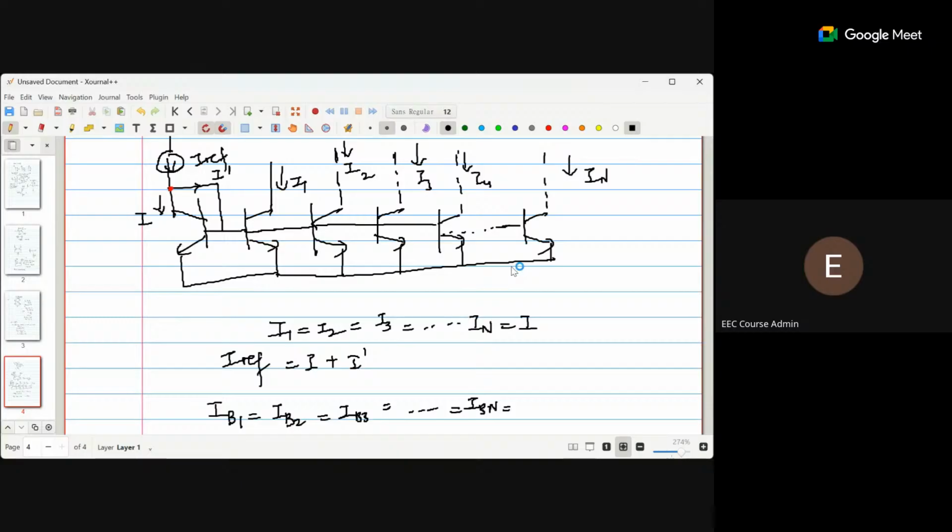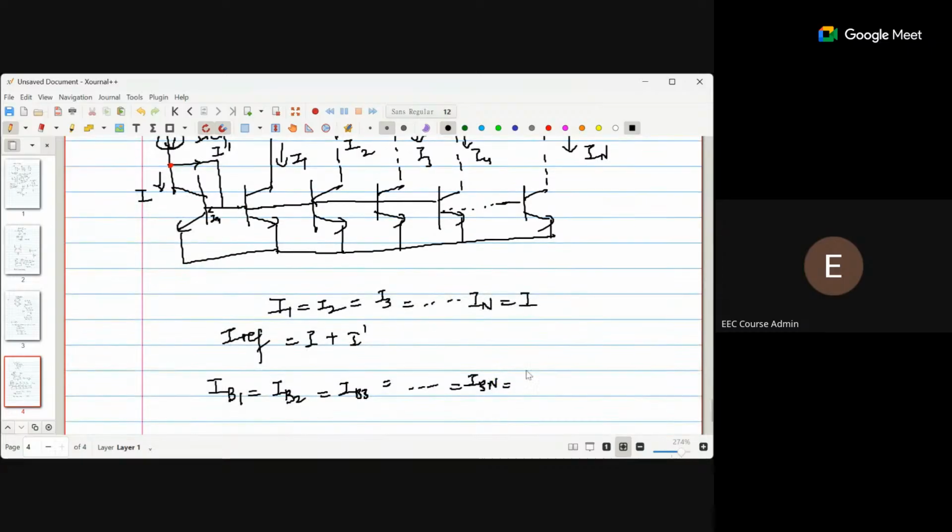So what is the relation connecting collector current and base current? IB equal to IC by beta, correct? So this is our IB1, this is our IB2, etc. So what we have is this will be equal to I by beta. Agreed? This I is this collector current. This is the IB1.